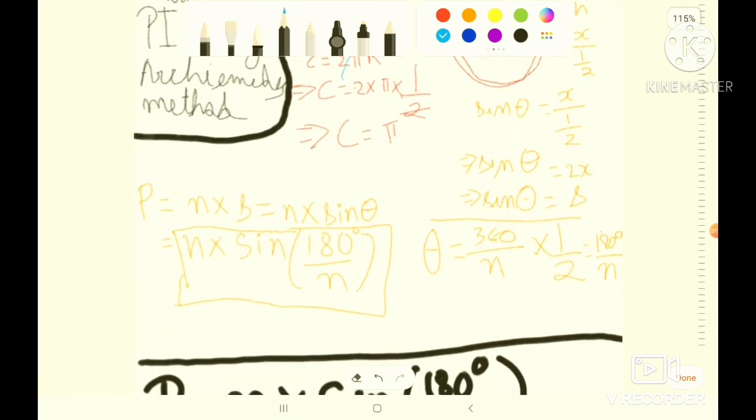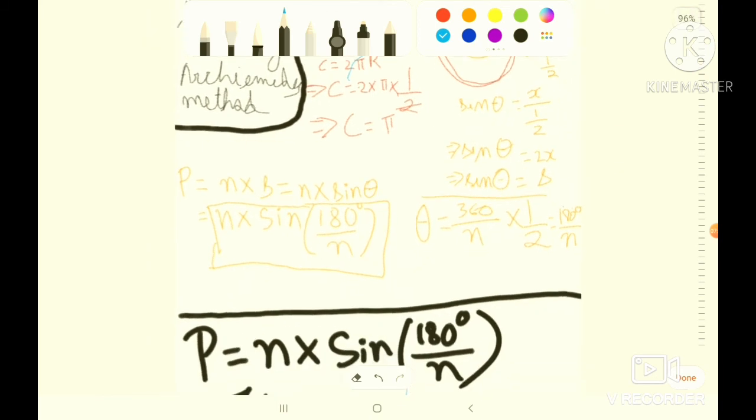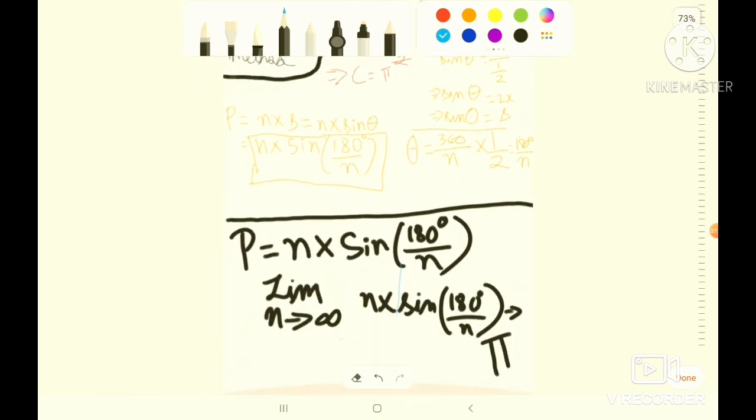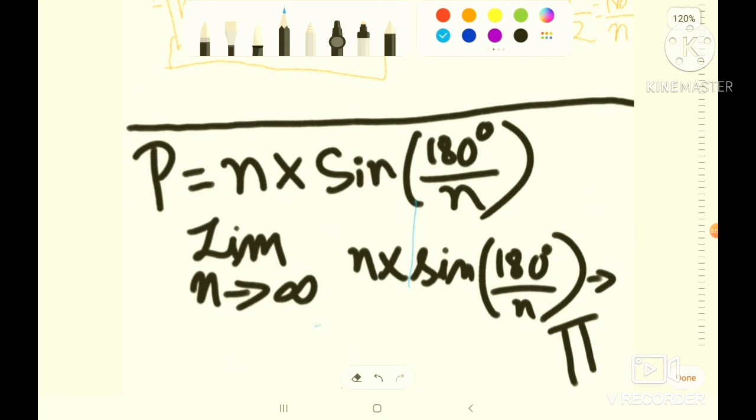We got this. So in this way we got a function. Let's study this function here. I have that function written in bold letters. The perimeter is equal to n times sine of 180 degrees by n. Let's see what happens when n starts approaching infinity, the number of sides.